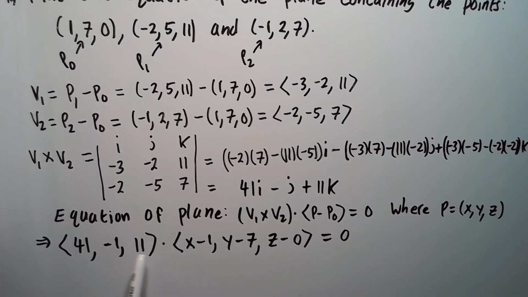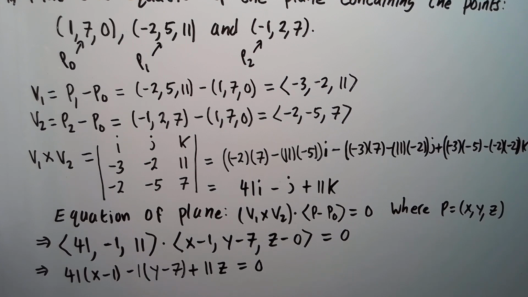So let's dot these. It'll be 41 times this, -1 times this, 11 times this. Let me write it here. So we end up with 41 times (x minus 1), -1 times (y minus 7), 11 times z. And let's multiply this 41 in here, and multiply this minus in. So let's simplify that.